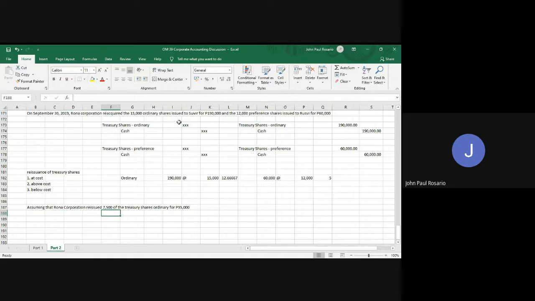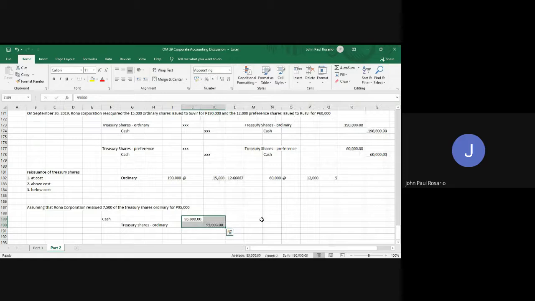Then what happened is that you reissued these treasury shares. So you issued them and received cash of 95,000. So what is the cost of these? What is the cost of your treasury shares, ordinary? Let's see if it is equal. Remember, you sold 7,500 of 15,000 shares. Then multiply that by the original cost of 190,000. So, not 150, it's here. Cost of treasury 190,000, I'm sorry. With that, you can see that the treasury shares were issued at cost.